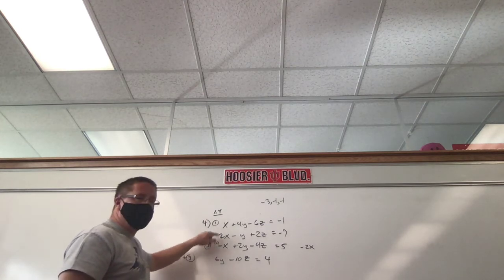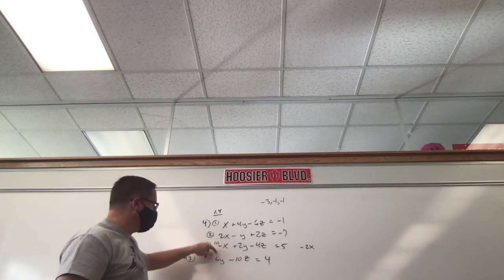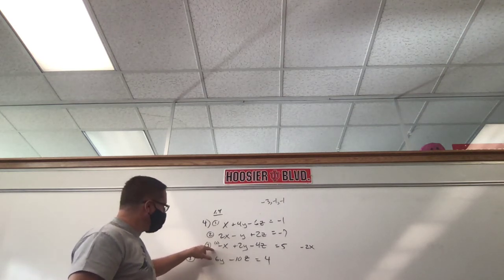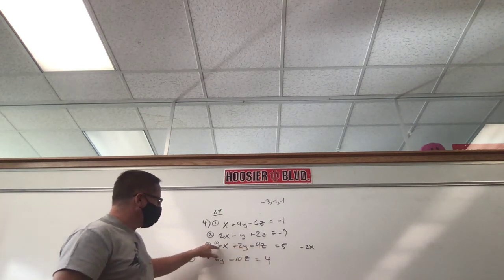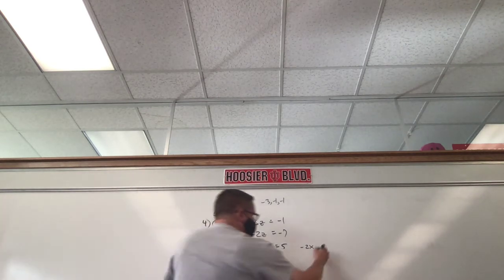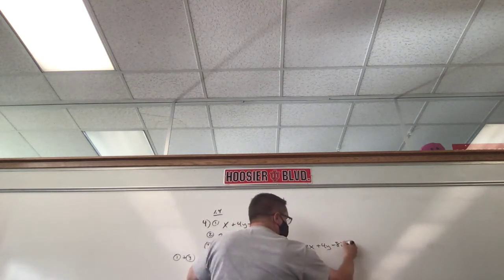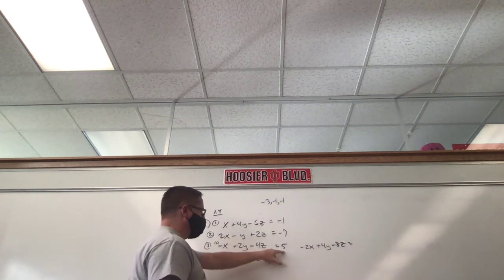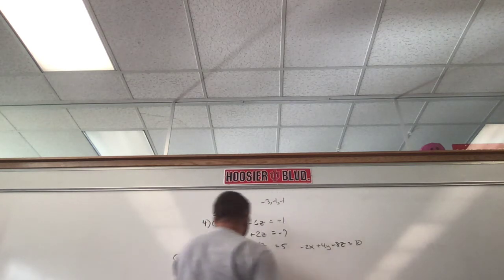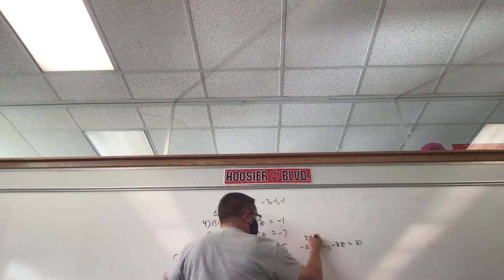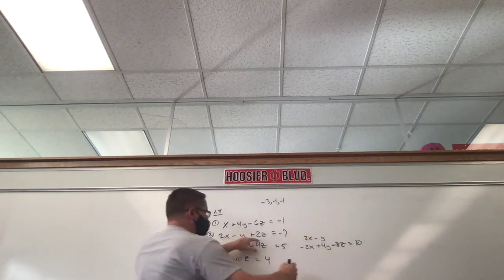But we don't want to add them up right now because they won't cancel. 2 and -1 don't cancel. 2 and -2 would cancel. So we're going to multiply everything here by 2. So -2x plus 4y minus 8z equals, don't forget to multiply this by 2, 10. Now I'm going to recopy the second equation right over here just to make it a little more organized. 2x minus y, z is negative 7.